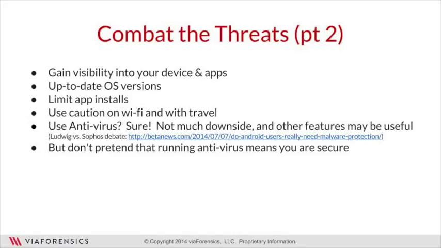Limiting app installs, that goes back to the whitelist idea. This is something that end users themselves can do with education and just being informed consumers. We always caution people about Wi-Fi and about travel. Wi-Fi is really convenient, but anytime you're using an unknown Wi-Fi, you're opening your traffic up to inspection.